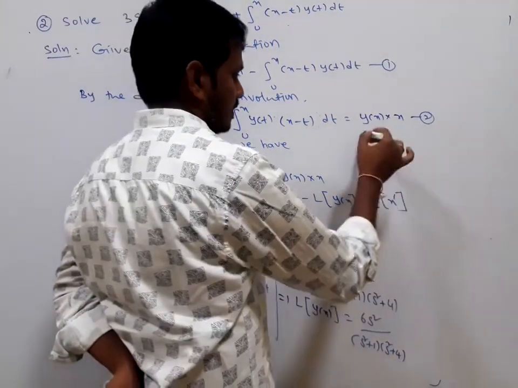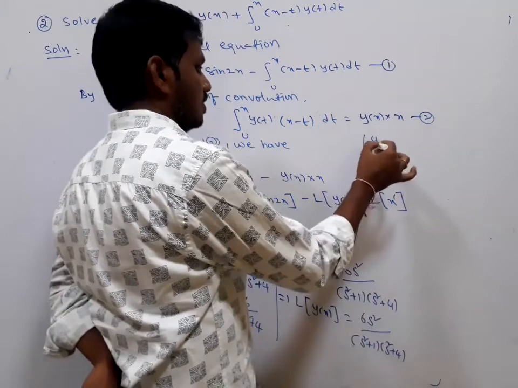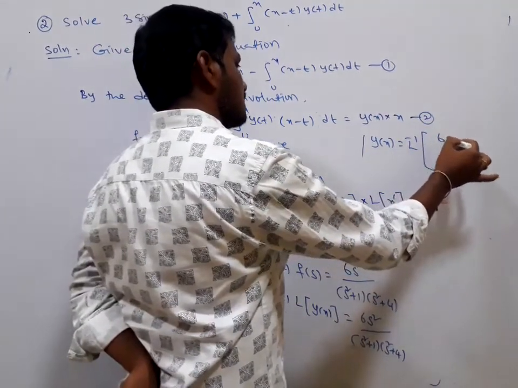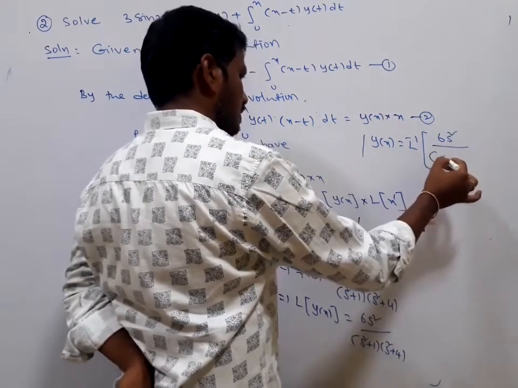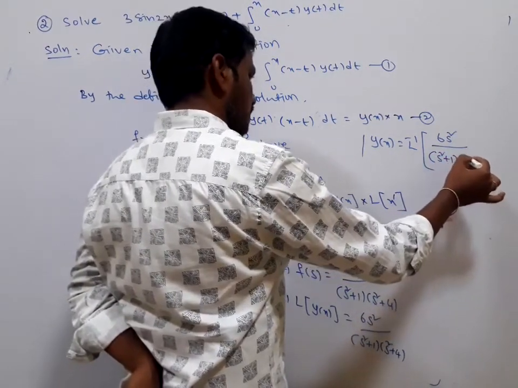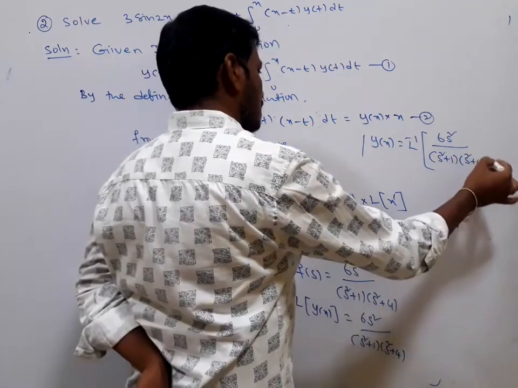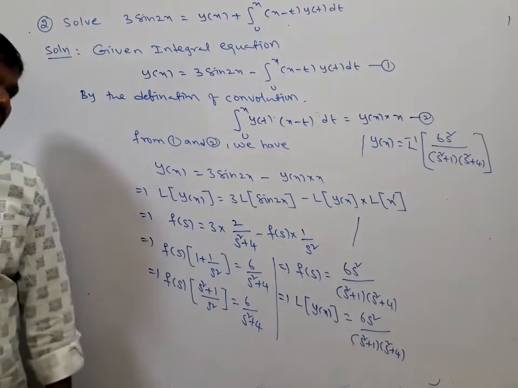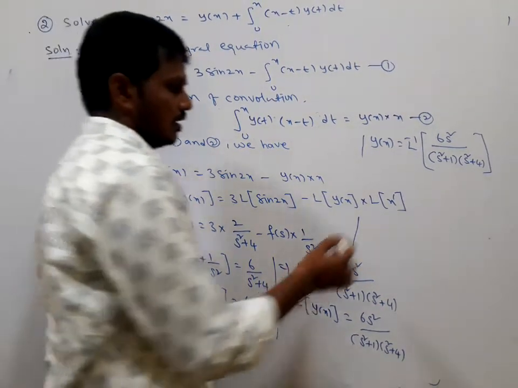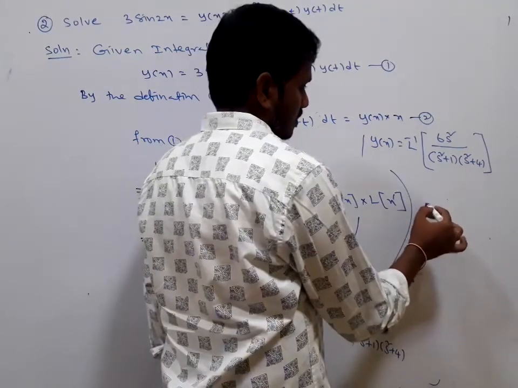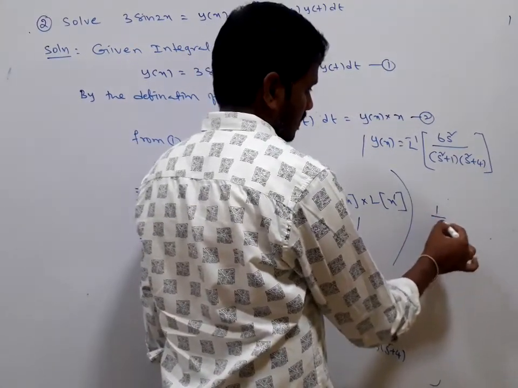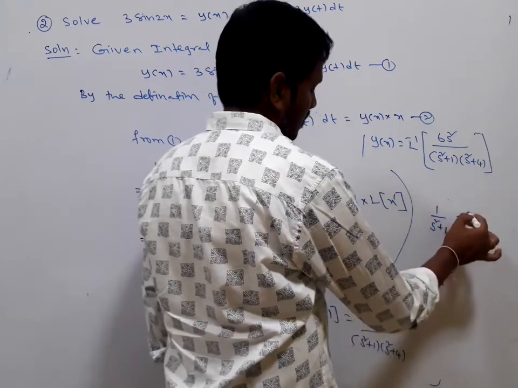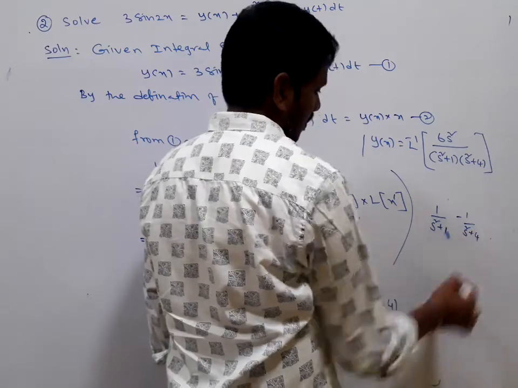Right, that implies y of x, the unknown function that we need to find, is L inverse of 6s square divided by s square plus 1 into s square plus 4. Resolving into partial fractions, it is 1 by s square plus 1 minus 1 by s square plus 4.